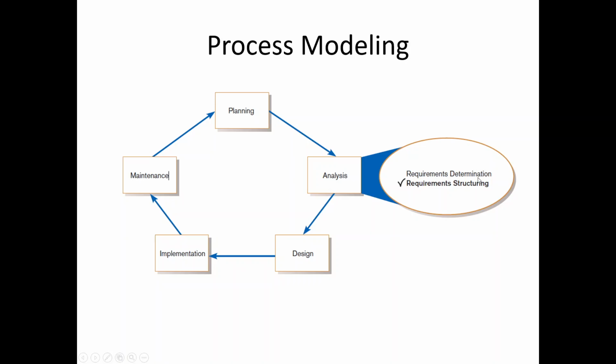After this step, in step 2, the system analyst would draw different types of diagrams, such as data flow diagrams and entity relationship diagrams, to describe their understanding of user requirements. After that, system analysts would show those diagrams to end users, so that the end users could verify whether the system analyst's understandings are correct.